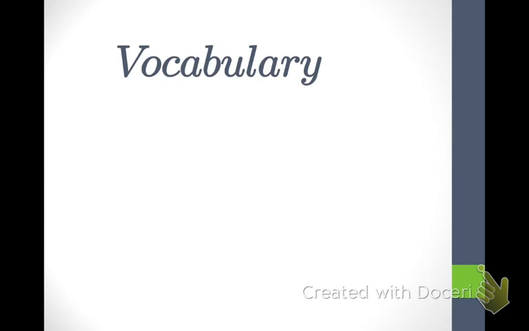So first things first, some vocabulary for you. Again, things that you want to commit to memory. Make sure you know your terminology. Use correct terminology. The first thing is unit analysis. What we mean by that is the process used to change the units of any quantity.